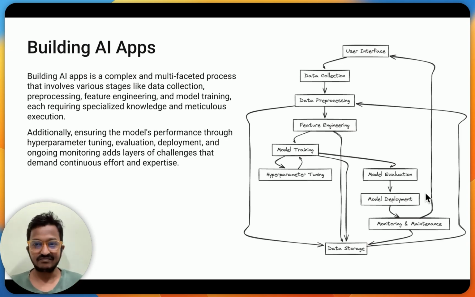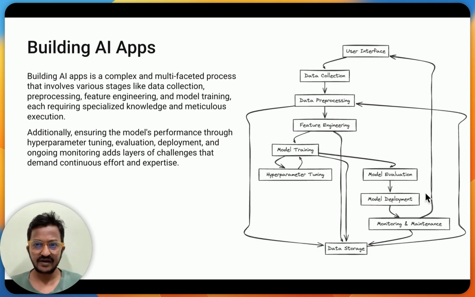Building a robust AI application can start with data collection, data processing, data cleaning, model training, hyperparameter tuning. All these things add an extra layer of challenges for developers. Like I said, it's a lot.